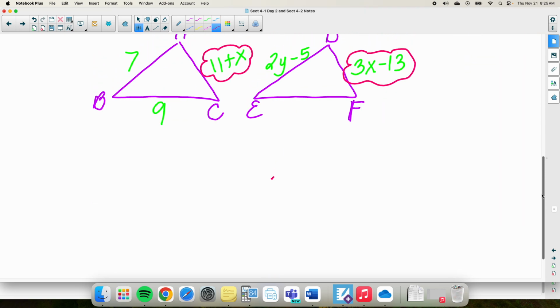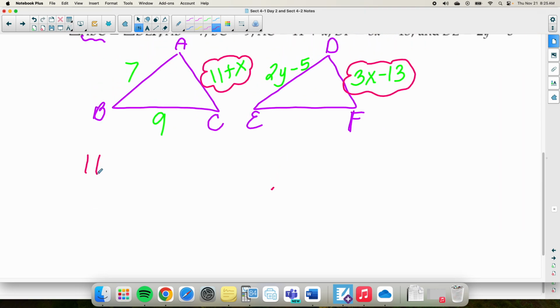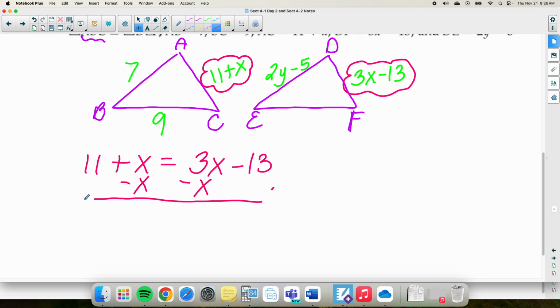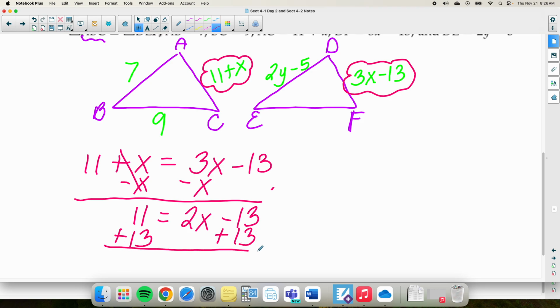I'm gonna do 11 plus X equals 3X minus 13, okay? Now, when we go to solve this, I'm gonna bring my X over to the right, and I get 11 equals 2X minus 13. Then I'm gonna add 13, and I get that 2X equals 24.